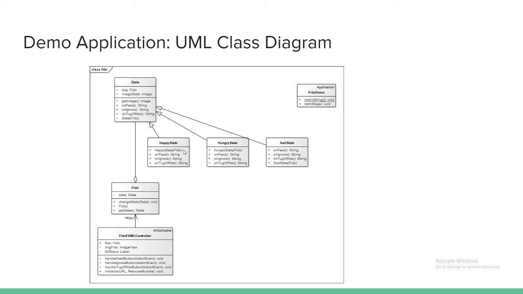And the behavior of Fido is affected based on what state the state object is currently in. And then we have the FXML controller class that handles the UI of the application.